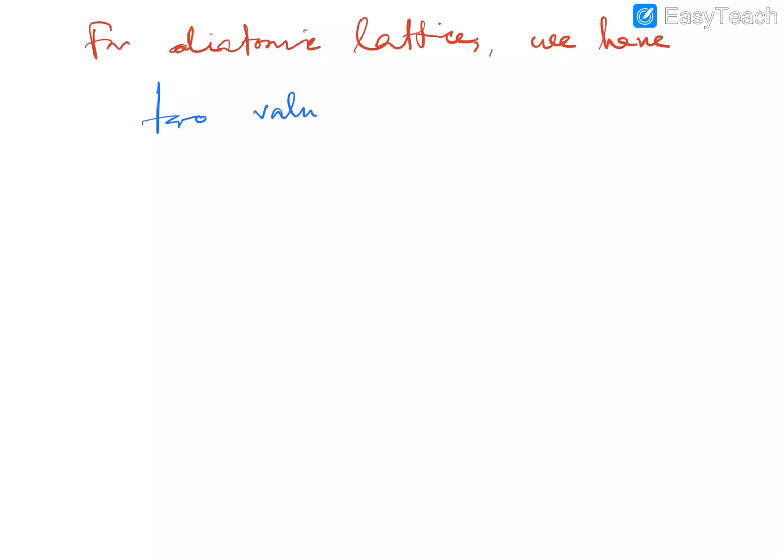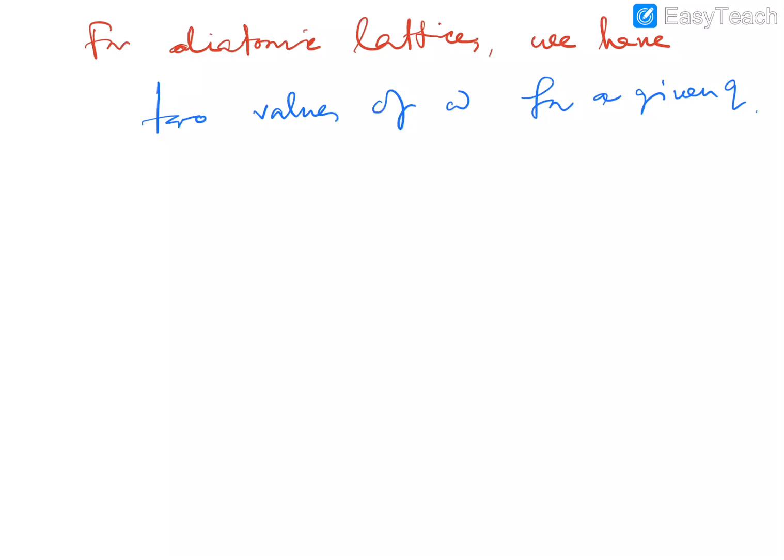Now for the diatomic lattice, we have now 2 values of omega for a given q, right?